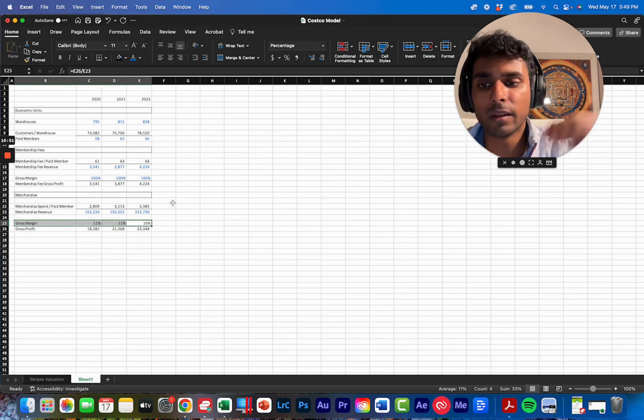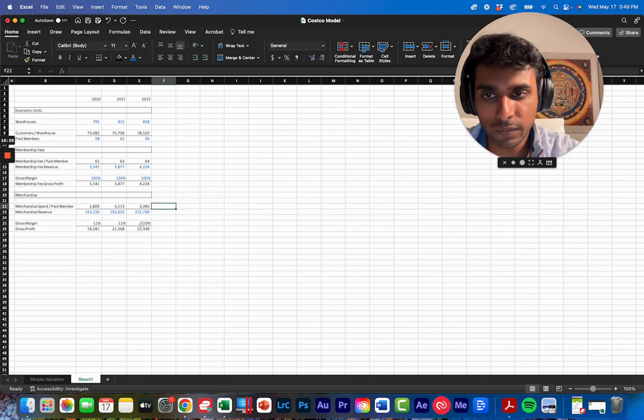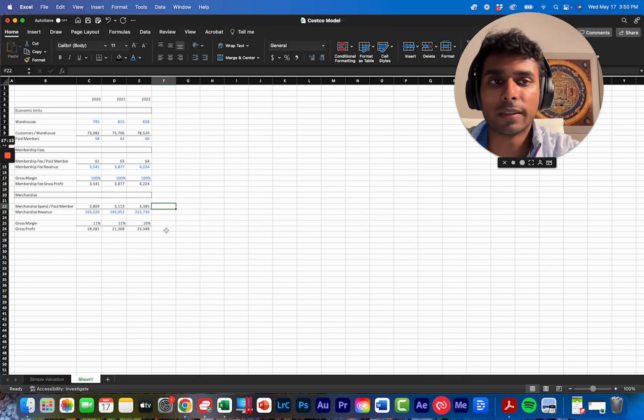So if Costco's cost of goods increases by 1%, and they cannot eat it themselves and have to pass it on to customers, then they'll hike prices by 1%. That means gross profit grows by 1%, and that'll flow down your income statement.